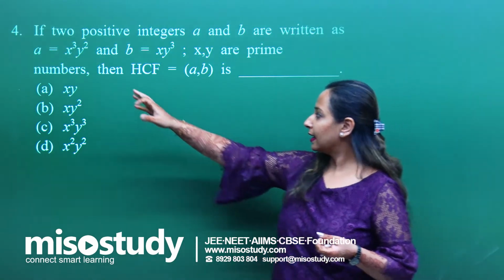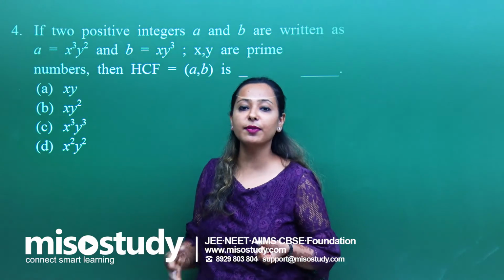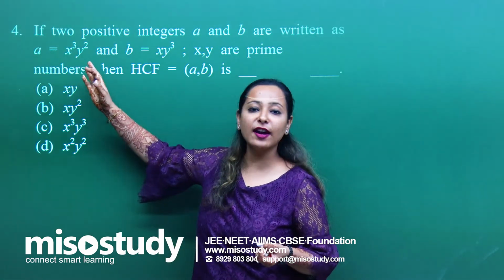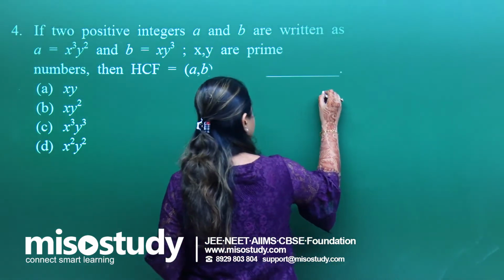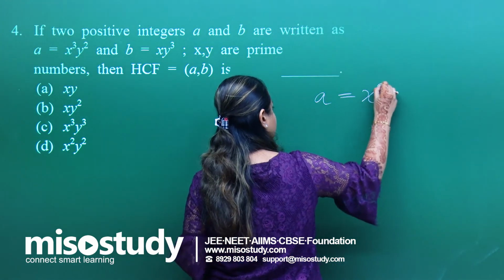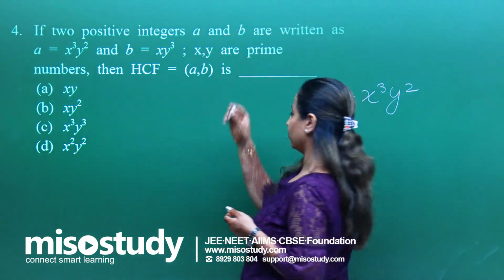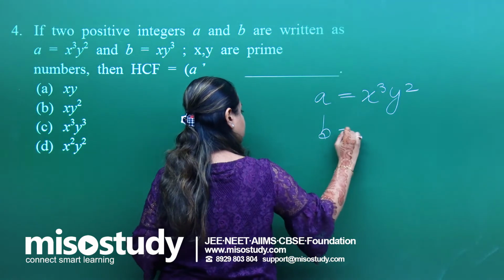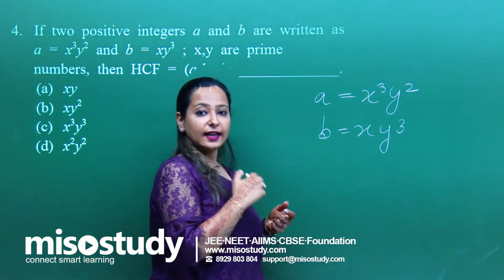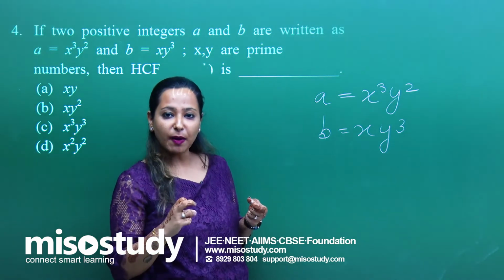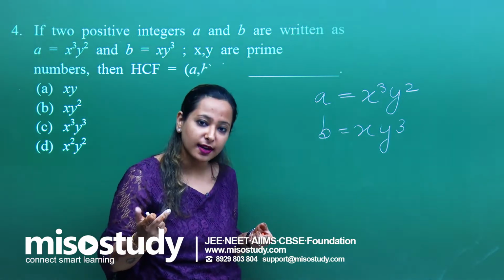Now what is given? A is given as x cube y square, and we know that x and y are prime numbers. That means the prime factorization is already given to you. Let's understand this. B is given as x y cube. Now we know that HCF is the lowest power of the common numbers in the prime factorization.